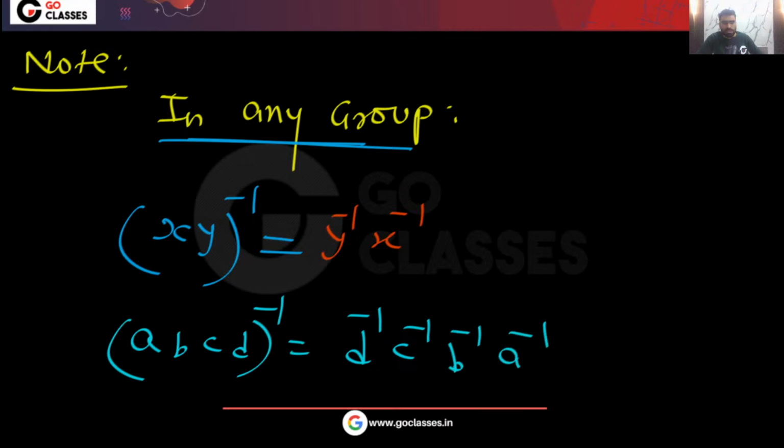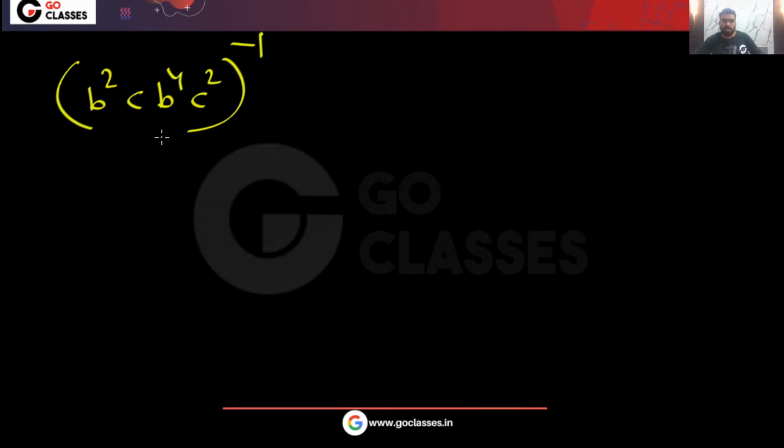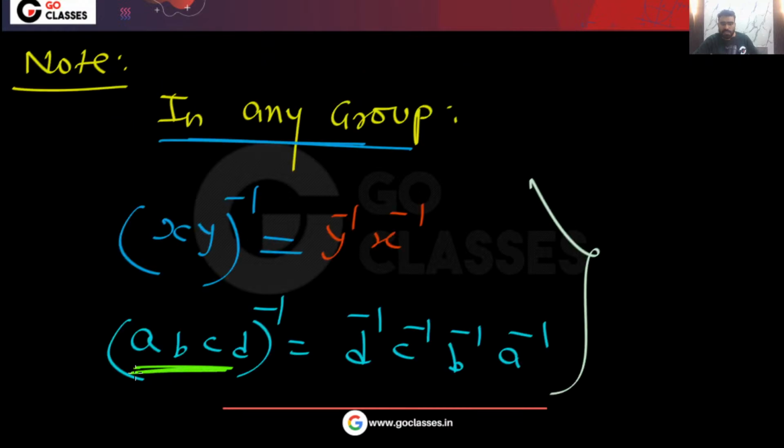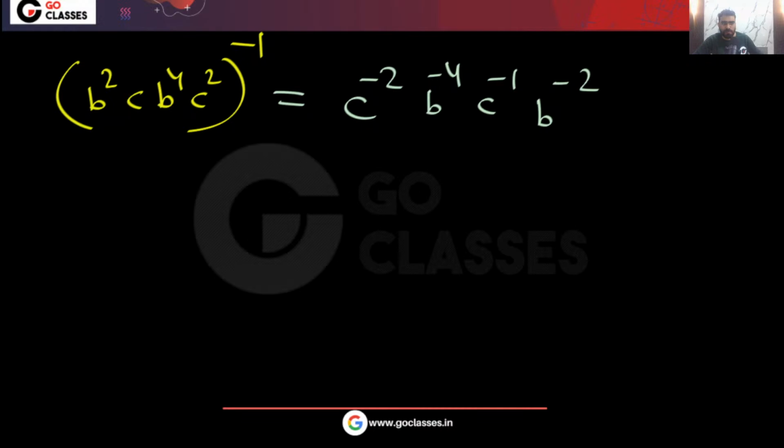This is a basic property of any group. So the inverse of this will be c power minus 2, b power minus 4, c inverse and b power minus 2. Is this clear?